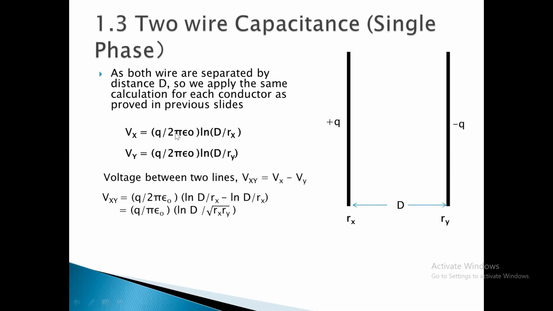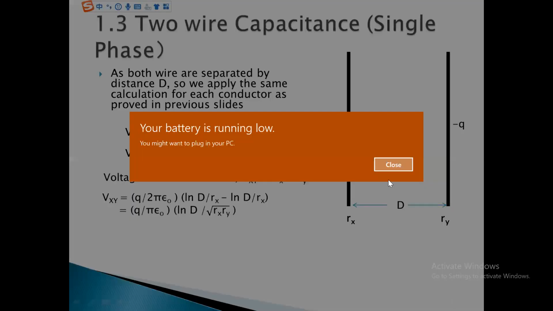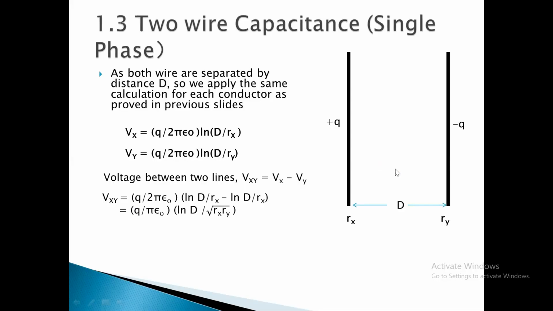I will take Q divided by 2 pi epsilon naught as common, and inside, natural log d divided by Rx minus natural log d divided by Ry. This is not X, okay, this is Y. The same case as we did before.